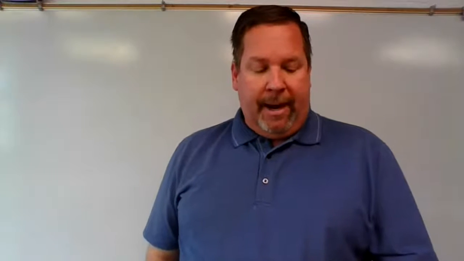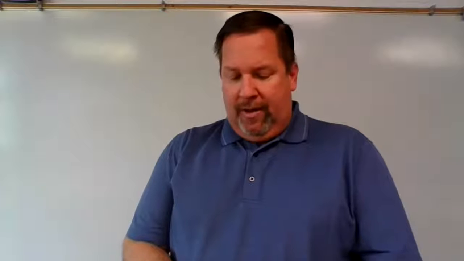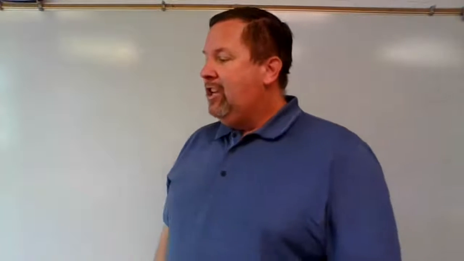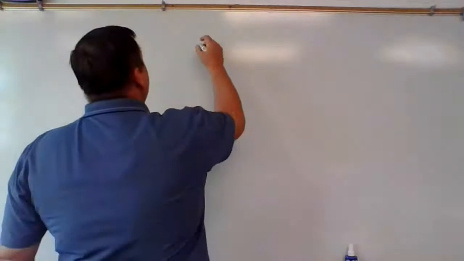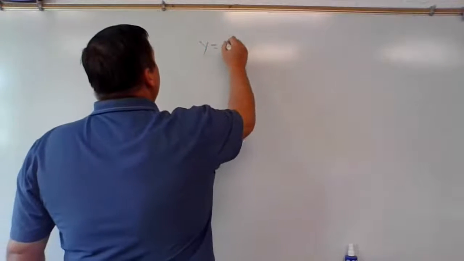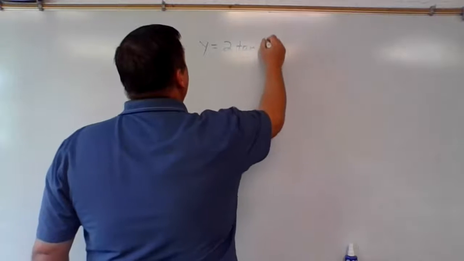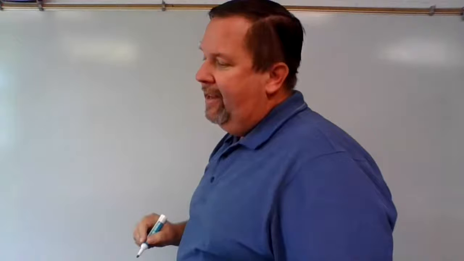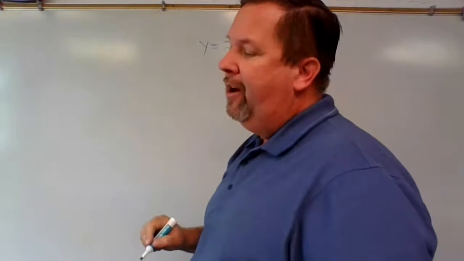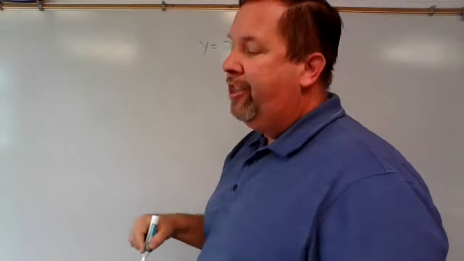Now I'm going to make sure that my calculator is set into radians by going to mode. I'm going to go to my y equals page and make sure that's cleared out. The example says y equals 2 tangent x over 2, and it says I want you to graph this from negative pi to 3 pi.